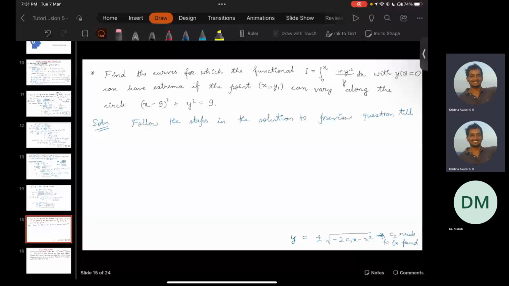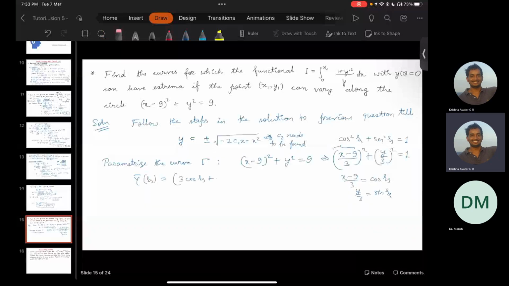So x will have the parameterization 3 cosine xi plus 9, and y is just 3 into sine xi.